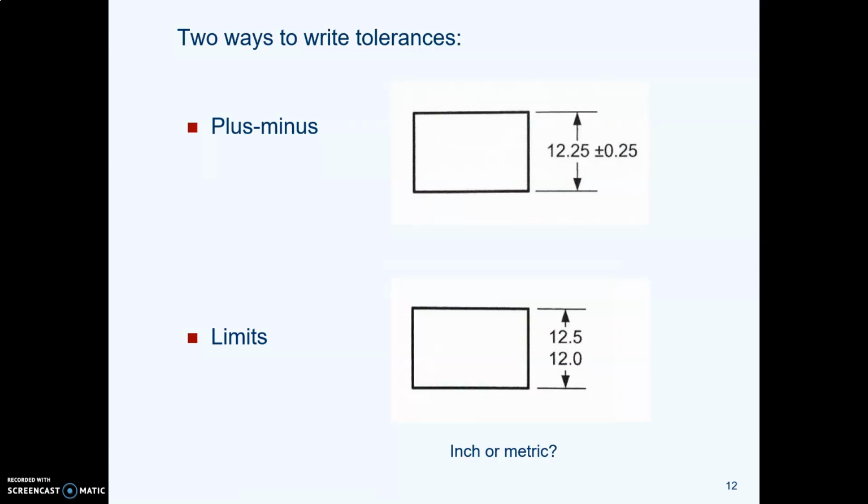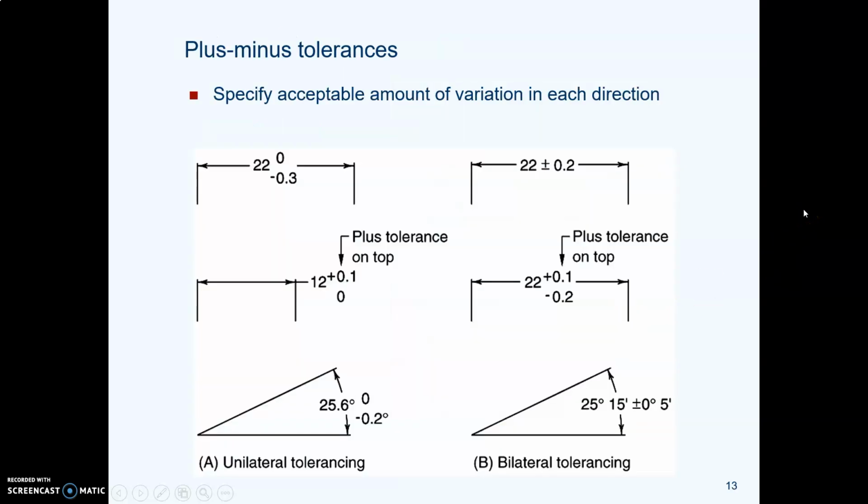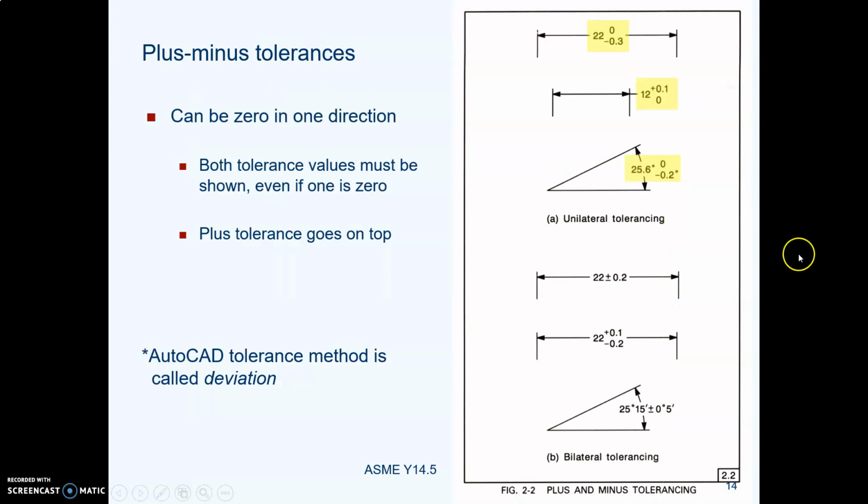Here's another part, two versions of the same part that say the same thing. How about this? Is this inch or metric? You can tell that this is metric because it does have a leading zero, and it does not have trailing zeros. So you put the plus tolerance on top. Here is ASME talking about this.